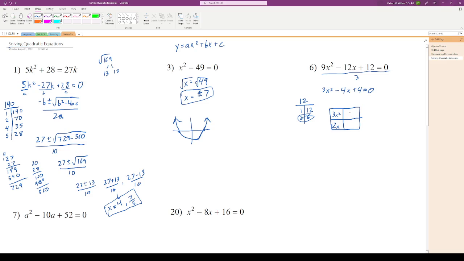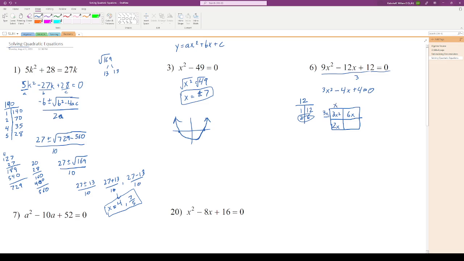So we have 2x in one corner and 6x in the other, and we have a 12 there. Hold on. So let's factor those. The common factor of 3x squared and 6x that's going to come out to the front here is 3x. Our factor here is just x, because 3x squared and 2x, the only factor they have is x.